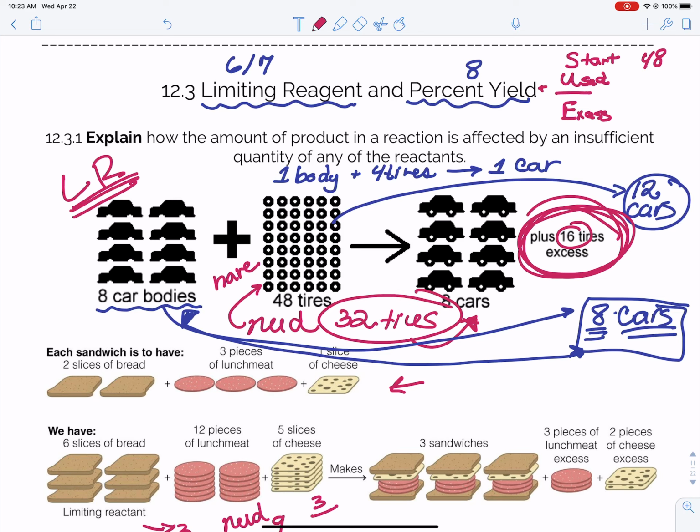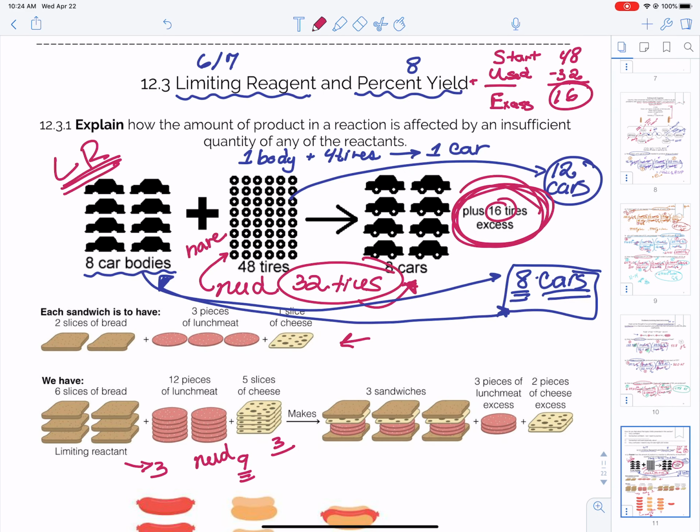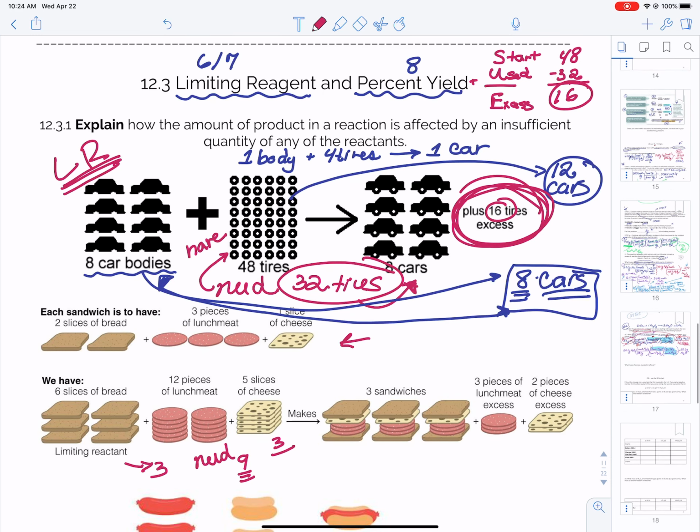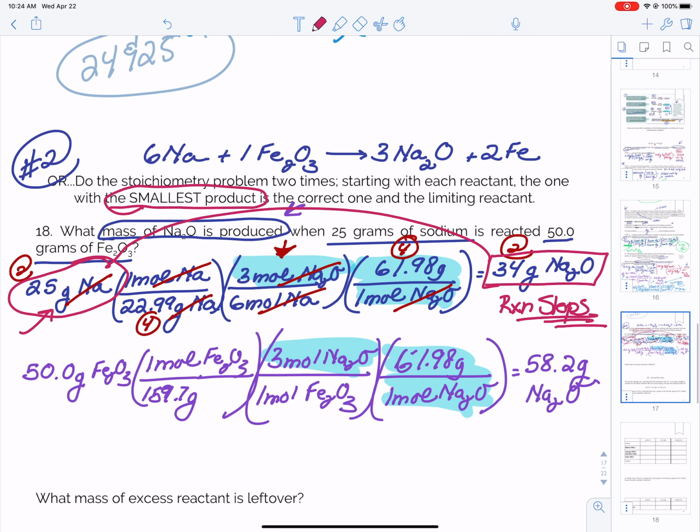I used 8 times 4, which is 32. And then how many tires did I have left over? That would be 16. So what we're going to do is that type of calculation, but with actual numbers.